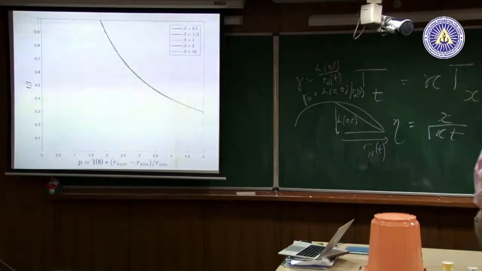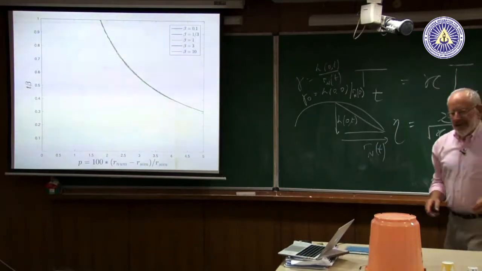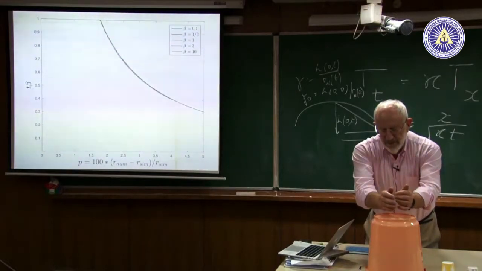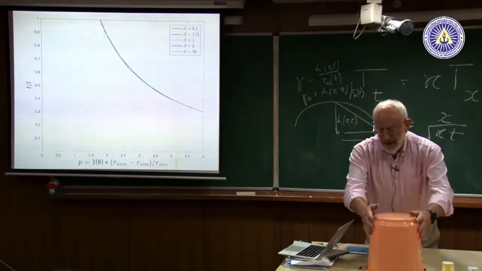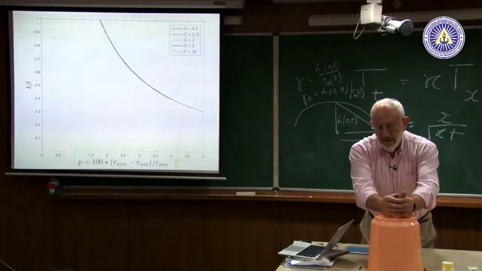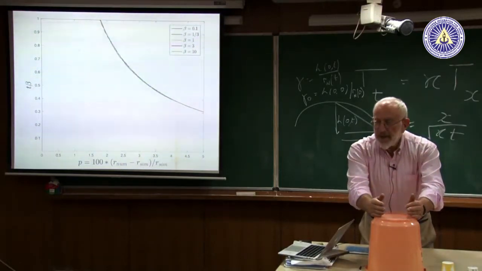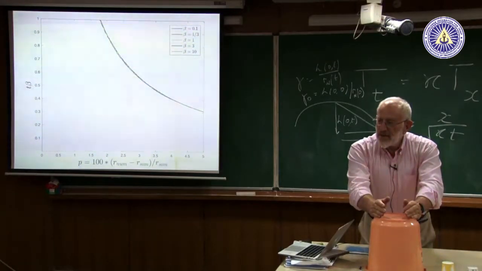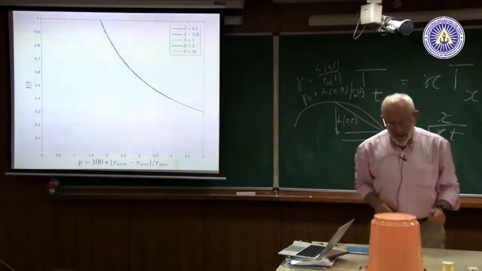But what if you slightly change the problem, and instead of saying at time t equals 0 the similarity solution goes and this bucket goes, we let the similarity solution go and get to the edge of the bucket, and then count that as time t equals 0. Let the two of them go at the same time.